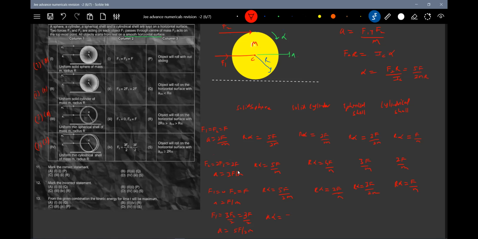R alpha will be 5F by 2M. R alpha will be 2F by M. R alpha will be 3F by 2M. This will be 2F by M. Now we have the data. Now we can compare.